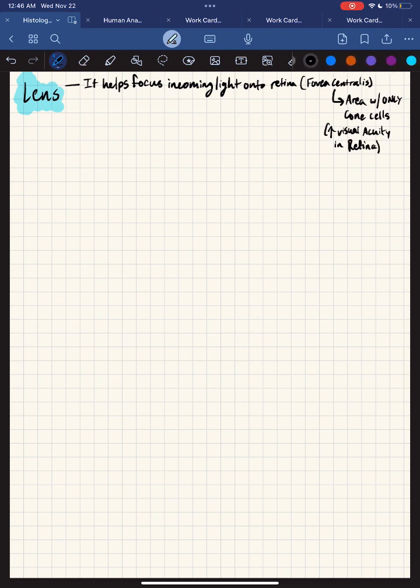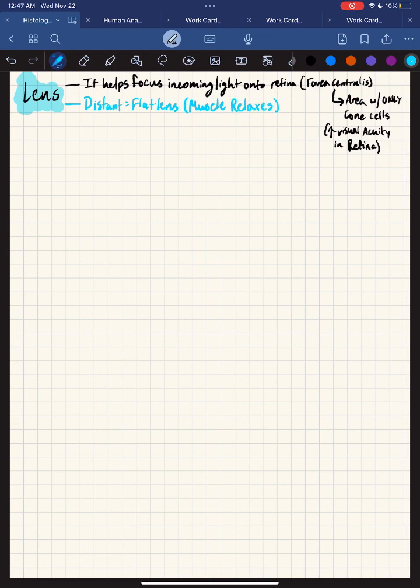So, based off of your sight, what you're looking at, what you're focusing at, the lens could have different characteristics based on the situation. If you were to look at something that's distant, your lens is going to flatten out, which means the ciliary muscle is relaxing.